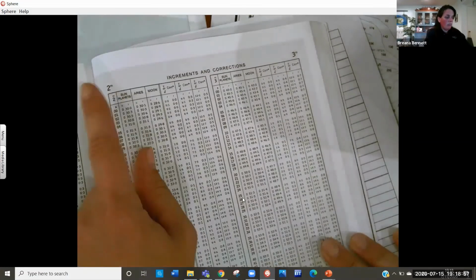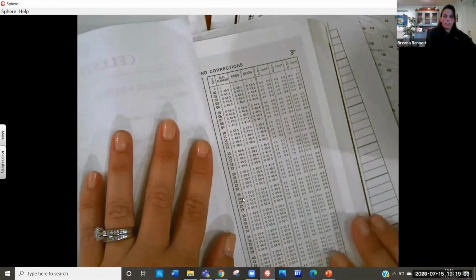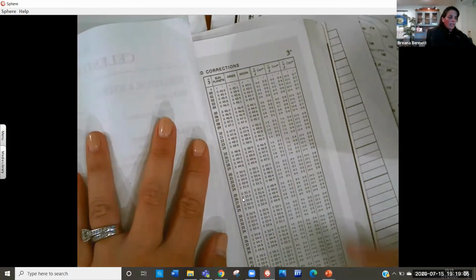So here's a 2 and a 3. So if you observed your time in the 3 minute, you're looking on this side. If you observed your time in the 2 minute, you're looking at this side. So with all of these, you have 2 minutes per page.